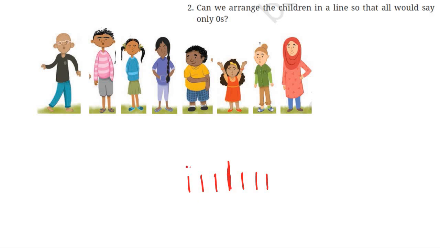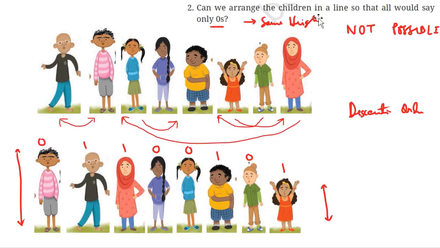This person will say 0, this guy again 0, again he will say 1, again he will say 0, then again this one will say 1, again 0, 0. So you see, if there is only one person who is taller, then it will affect the nearby person's decision, and as a result a number other than 0 will appear. So in this case, it is basically not possible.